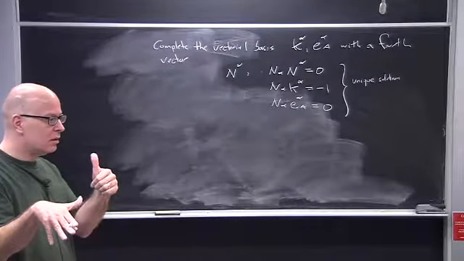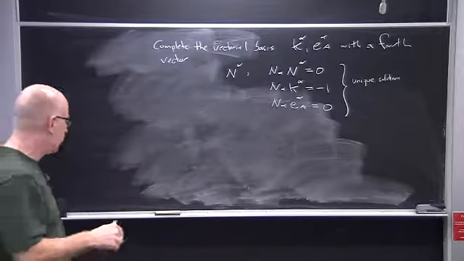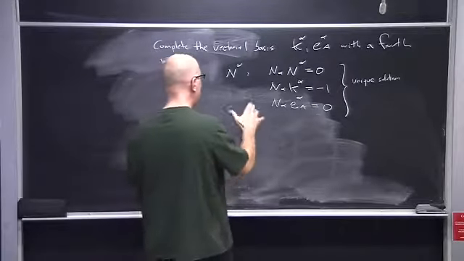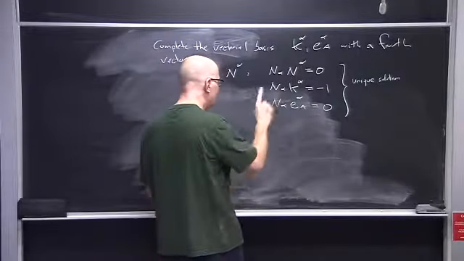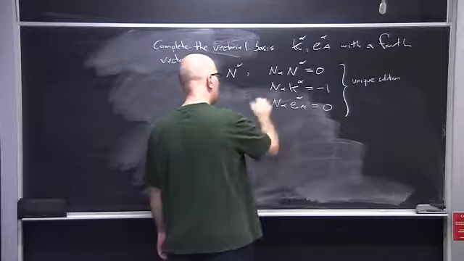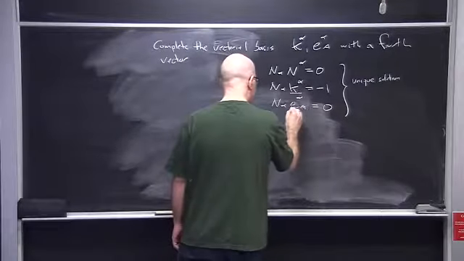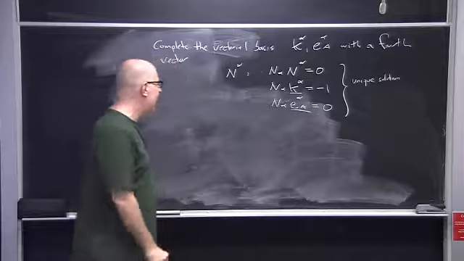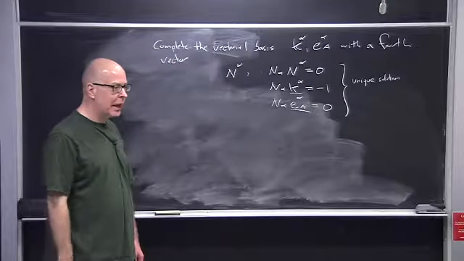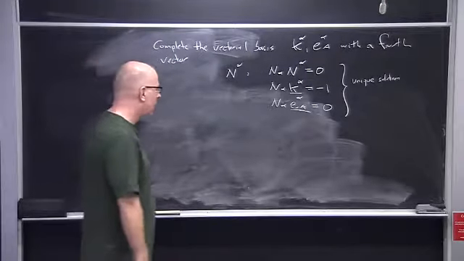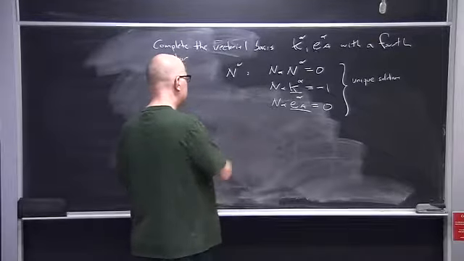So unlike the case before, where n was not unique and we had the freedom to rotate n and so on, here, once we've selected this and selected that, we have enough conditions to pick n uniquely. So that's a slight difference, but other than that, n plays exactly the same role.